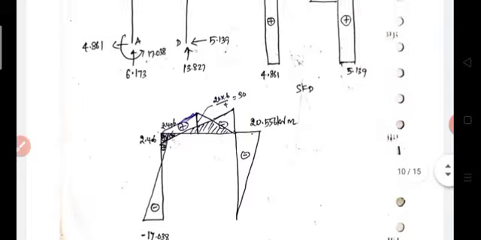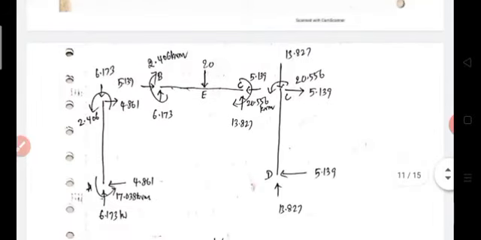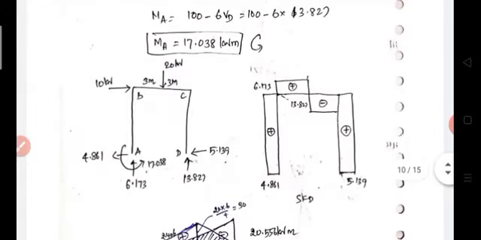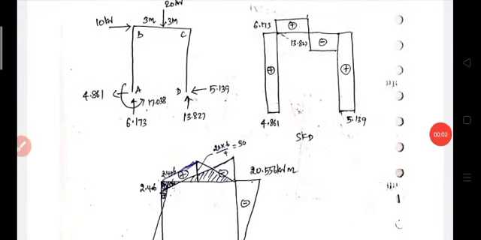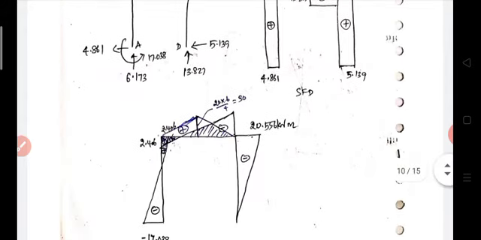For the CD segment, you already know how to draw the shear force and bending moment diagrams from strength of materials. In the case of structures, the most common bending moment diagram will be a superimposed bending moment diagram, because most of the problems deal with indeterminate structures.